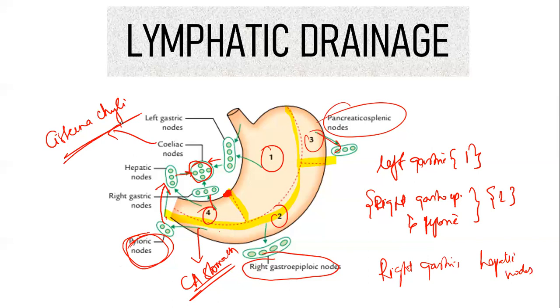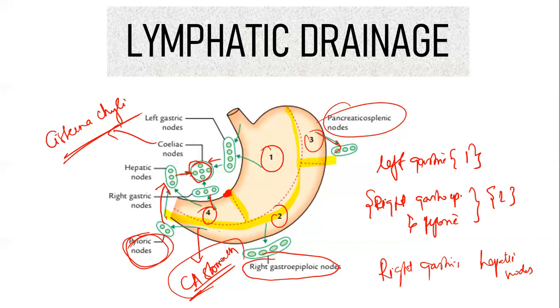Very simple lymphatic drainage, without any complications. Even breast lymphatic drainage is a bit more complicated compared to the stomach. It's very simple, but a very important thing. Why is it important? Because, as usual when I talk about carcinoma, there are two routes of spread: one through the bloodstream, another through lymphatic spread. Lymphatic spread is very common.